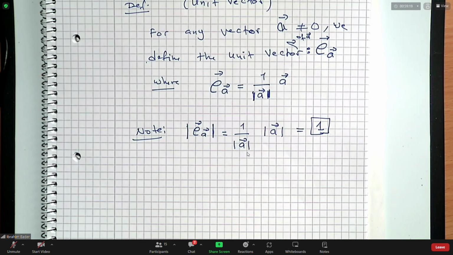If we take the reciprocal of the magnitude multiplied by a vector, we generate a new vector that we call the unit vector, which is simply multiplying by the reciprocal, 1 over the length of the original vector. So this is a summary of what we did so far.